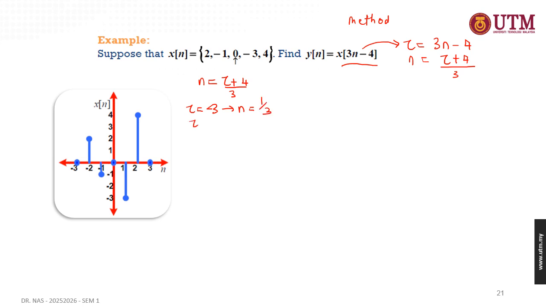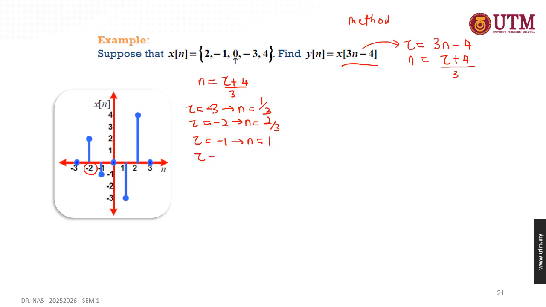When tau equal to minus 2, your n equal to 2 over 3. When tau equal to minus 1, your n equal to 1.